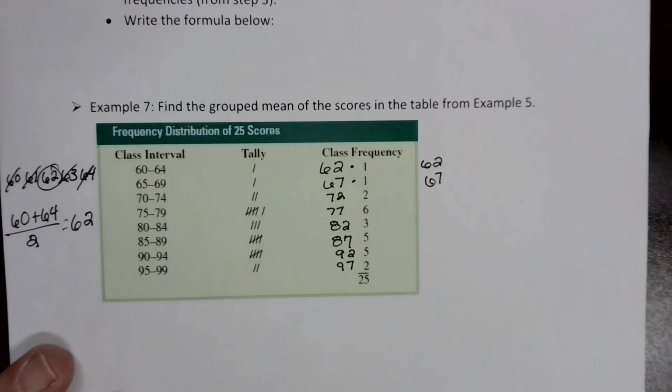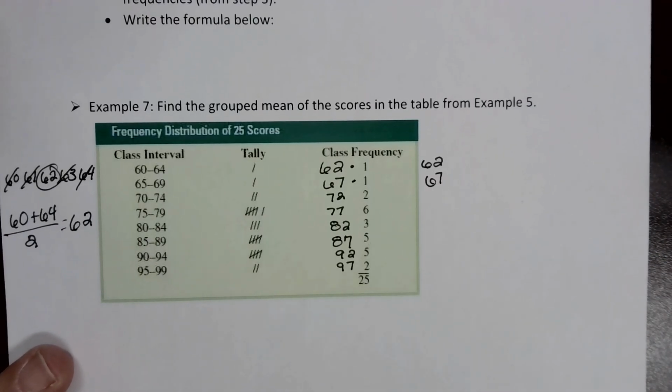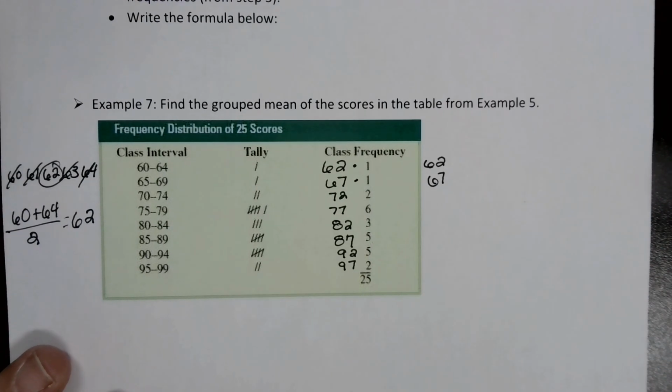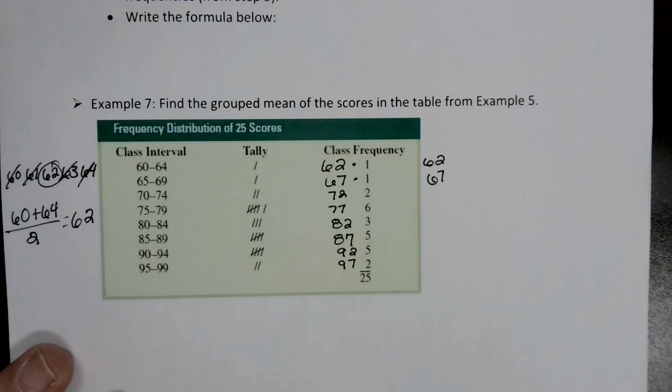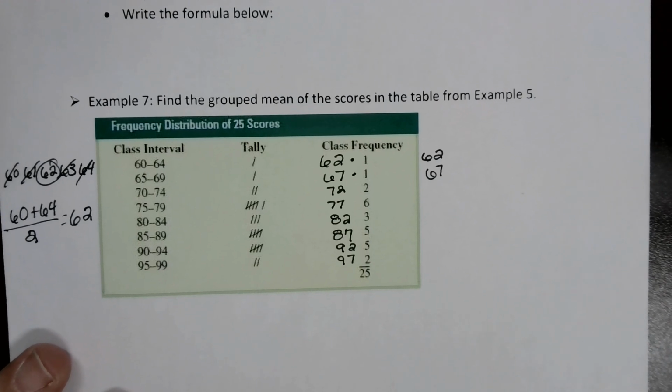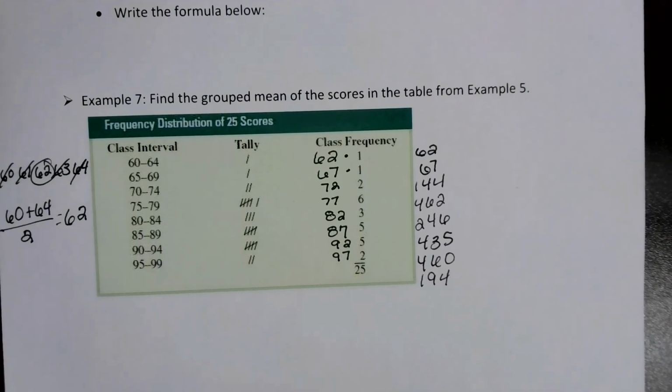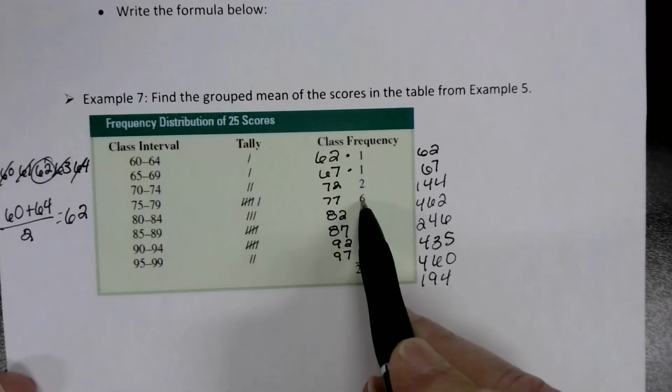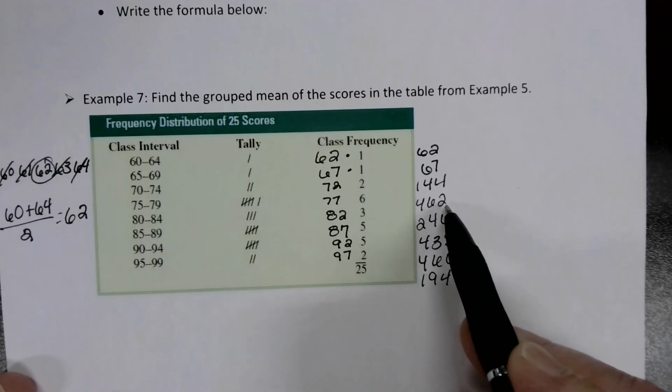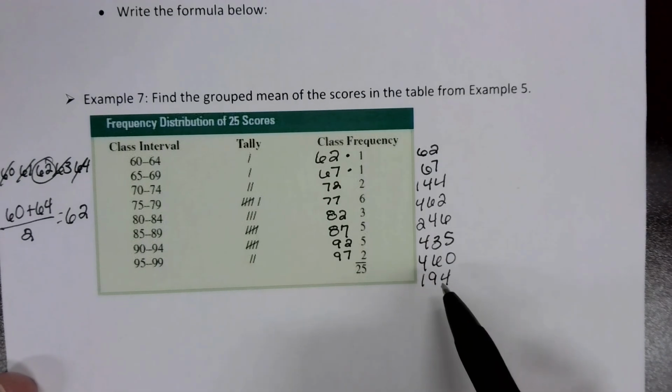So pause right here and continue that little exercise. Multiply the midpoint of the interval times the frequency. All I did was multiply like 77 times 6 and write that number over here. Made a list as I went.